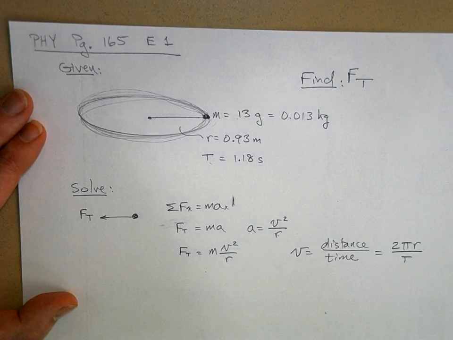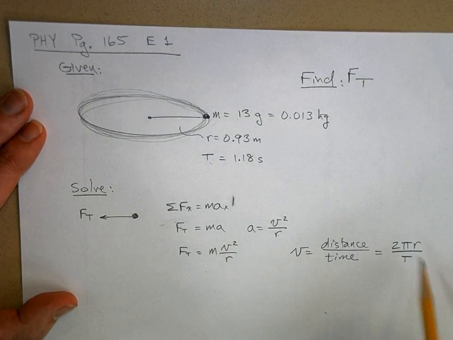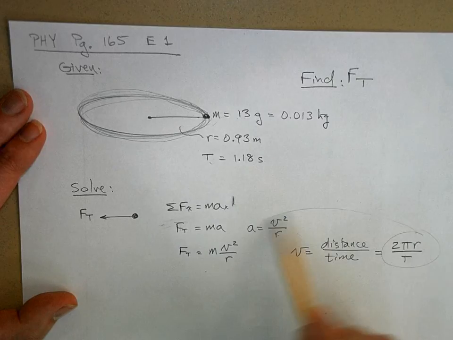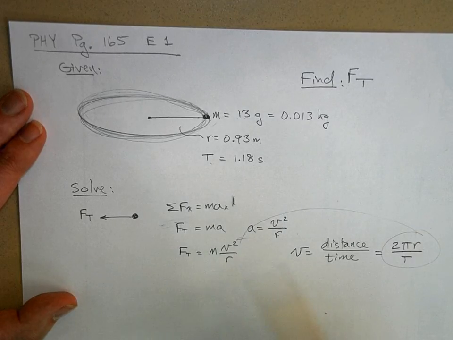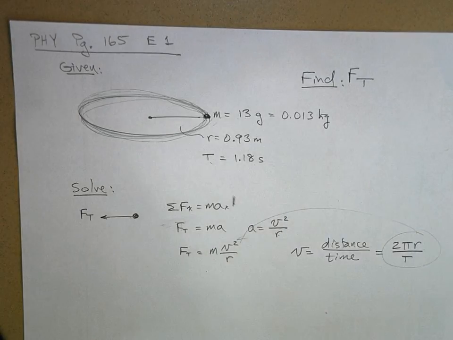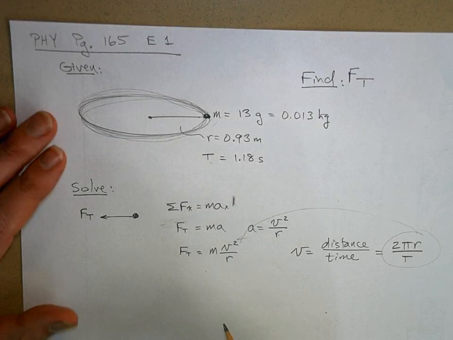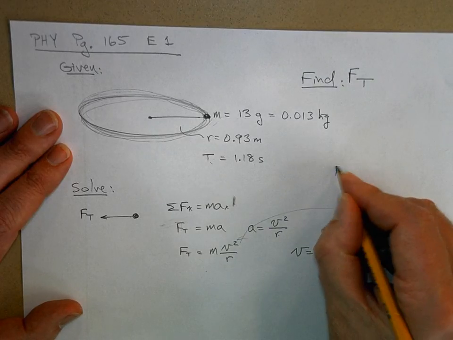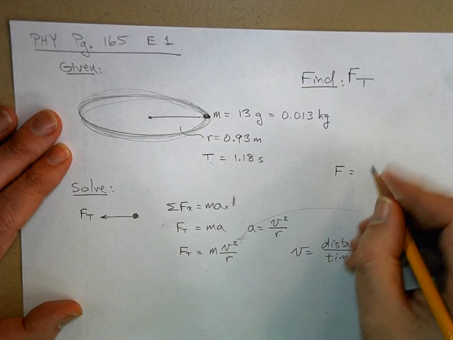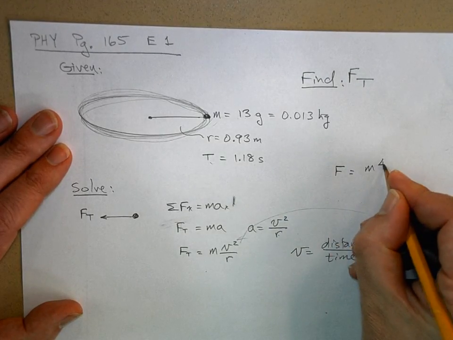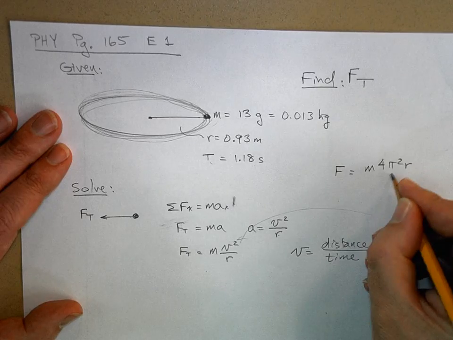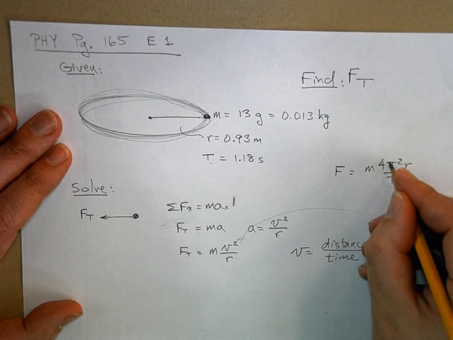Now here's what the book does. The book just substitutes this in there, and you get this crazy looking equation. It says the force is going to be equal to m 4 pi squared r over the period squared.